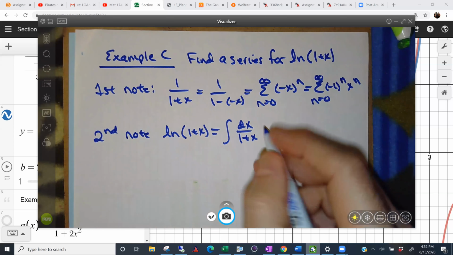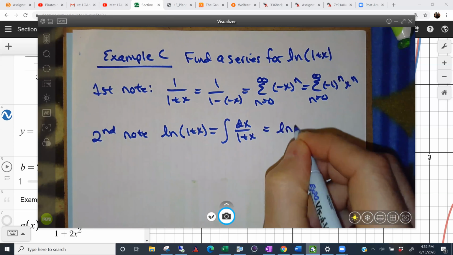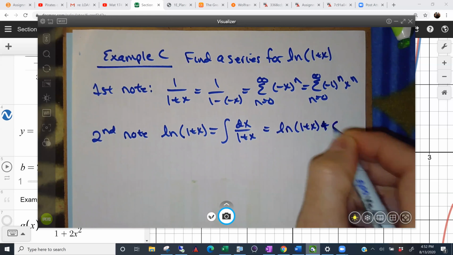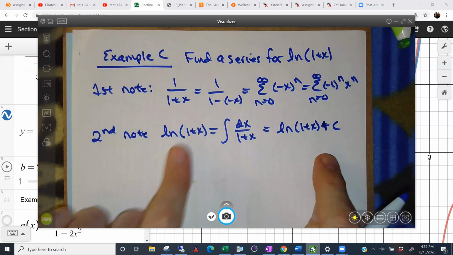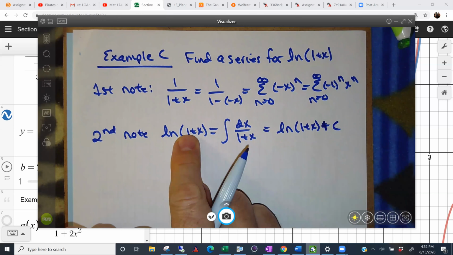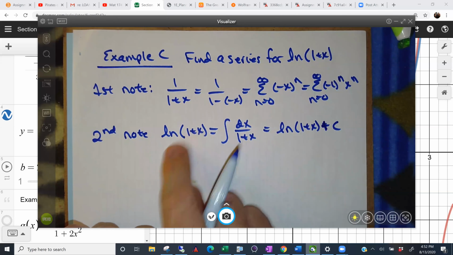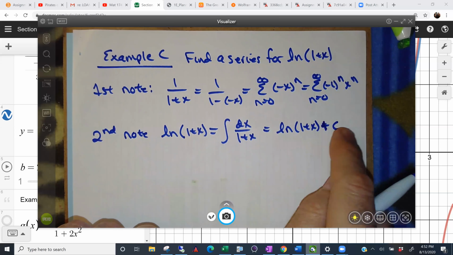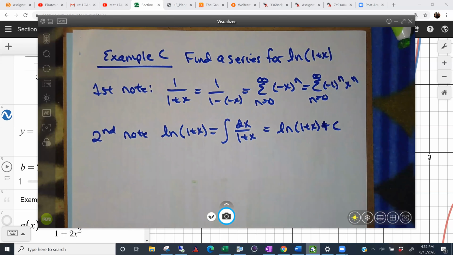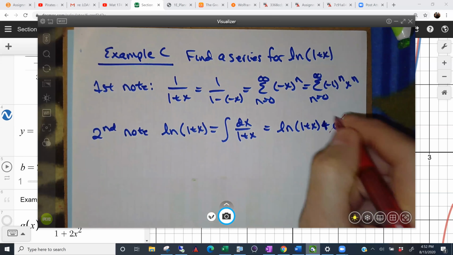But if I wrote this as ln of x plus 1 plus my constant, let's think about what happens when x equals 0. If x equals 0, I end up with the log of 1, which is 0. This is 0, and that's really telling me that c would have to equal 0. So we can get rid of c, and that's kind of nice.